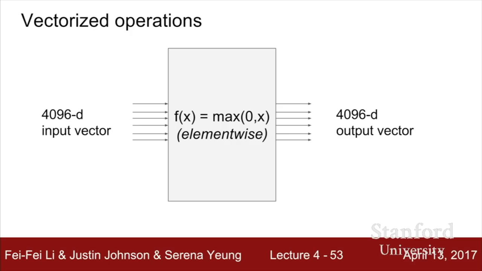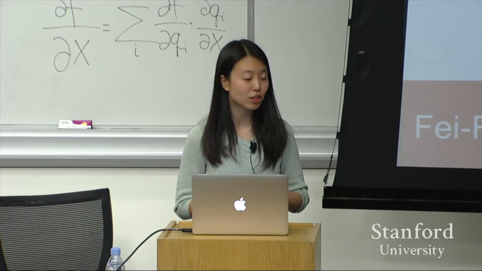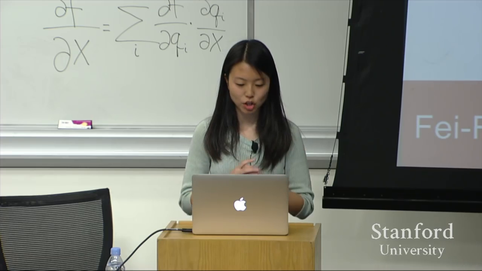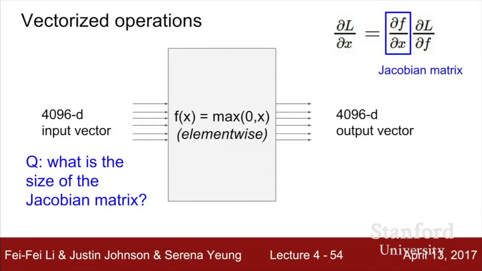And then our output is also a 4096 dimensional vector. Okay, so in this case, what's the size of our Jacobian matrix? Remember I said earlier the Jacobian matrix is a matrix of partial derivatives of each dimension of the output with respect to each dimension of the input.